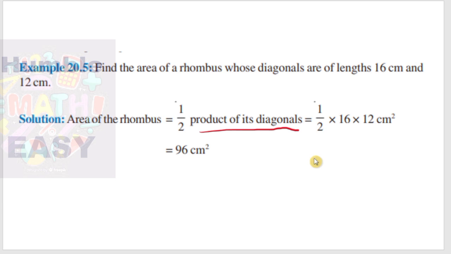So we have the first diagonal, 16, times the second diagonal, 12, times 1/2. The product of its diagonals gives 96. So the area of the rhombus is 96 square centimeters.